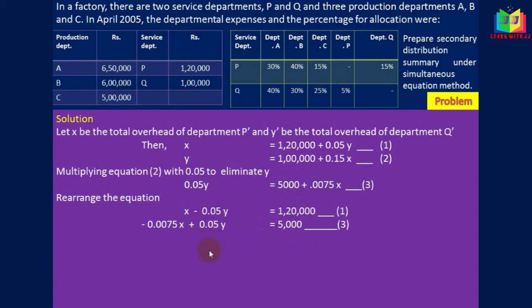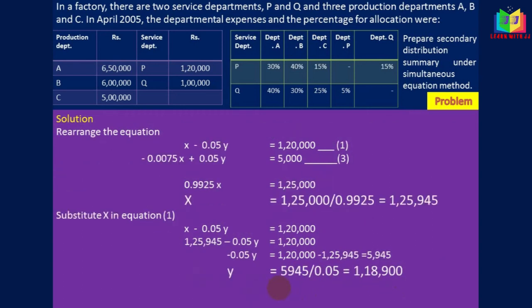We get 0.9925X, because 1 minus 0.0075 is 0.9925, and on the right-hand side, adding gives 1,25,000. So X is 1,25,000 divided by 0.9925, which gives 1,25,945. We got X.